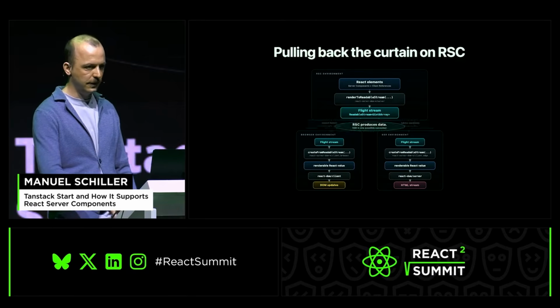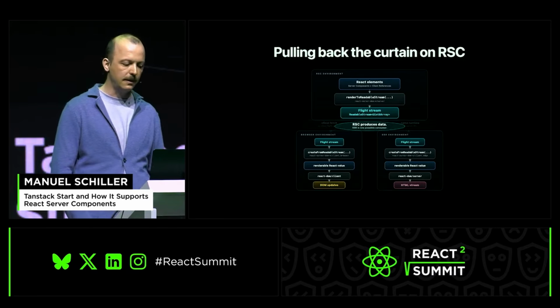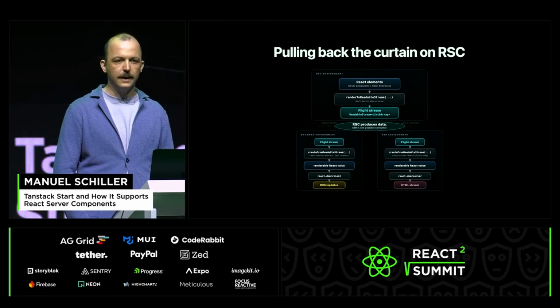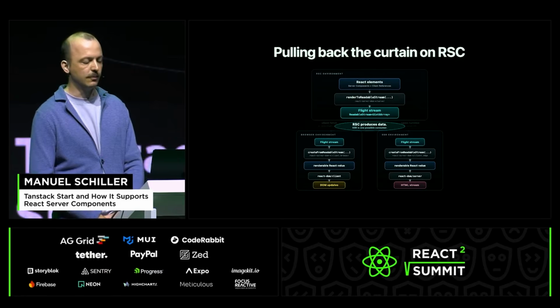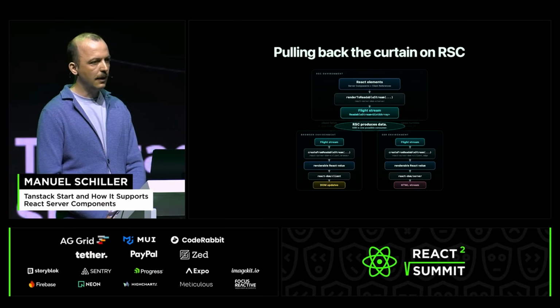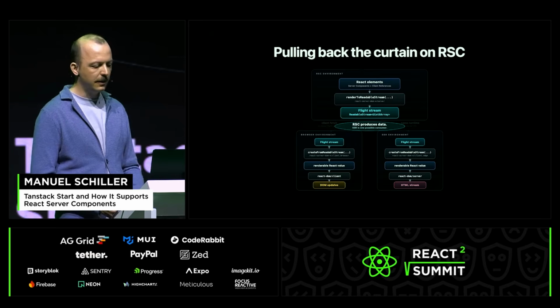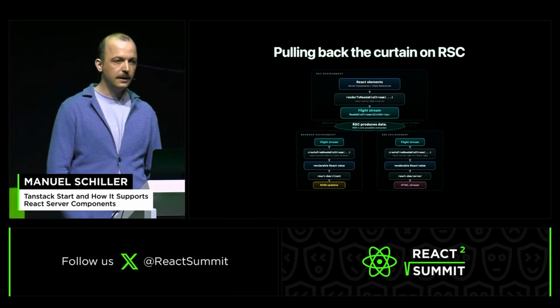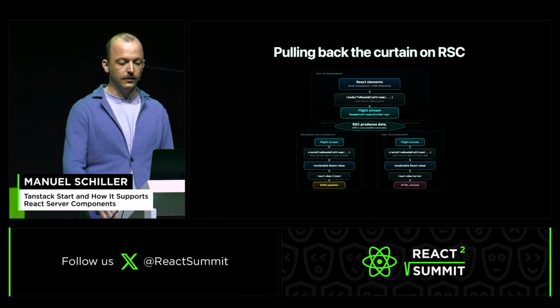So just to clarify, RSC is not SSR, and RSC actually just produces data for React, and SSR is just one possible consumer. And once we see RSC as just a payload, the rest of what follows will follow naturally. You can fetch it, you can cache it, you can invalidate it, you can persist it, and you can compose it.